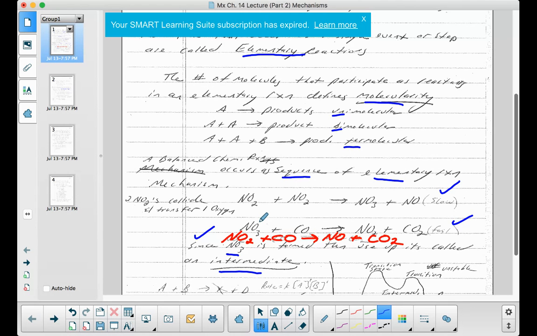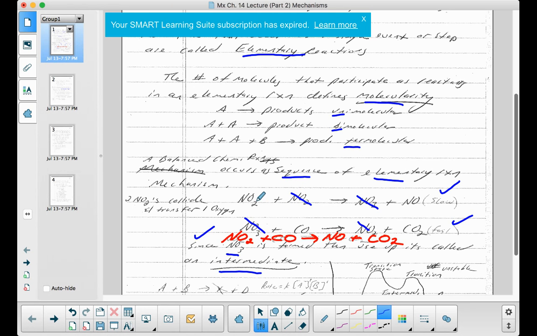And how do they sum up? Well, I can see that I have NO3 on the product side here and an NO3 on the reactant side here. They cancel out. I see that I have one NO2 on the product side here, and I have two on the reactant side here. So one of those reactants will cancel out.